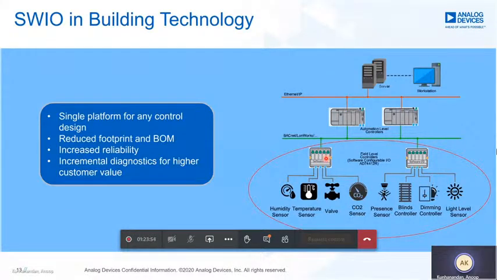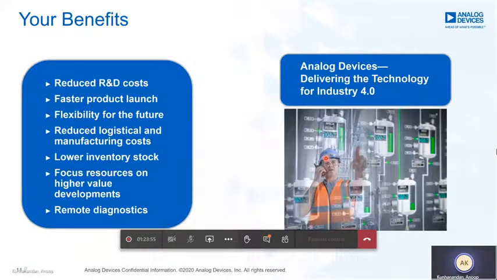Moving to a concept like SWIO on the automation side, you have reduced R&D costs. Basically, you are dealing with a single hardware and its associated software. And the software could be different modules, but the hardware remains the same. Since it's just a simple single hardware, you have a faster development time and product launch.